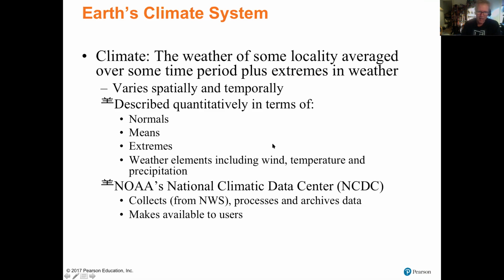We also take into account wind and some other things as well. In the United States, the outfit that does this is NOAA, part of the National Oceanic and Atmospheric Agency, and part of their organization is the NCDC, the National Climatic Data Center, and they collect all this weather data and make it available for users like you.